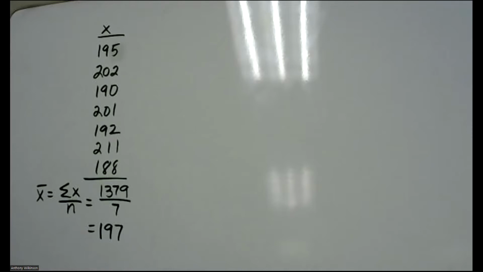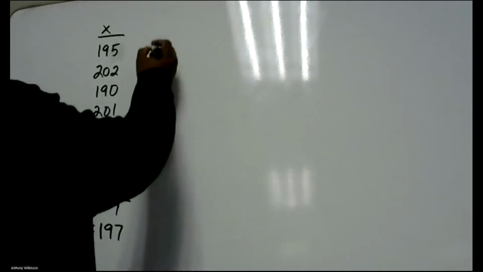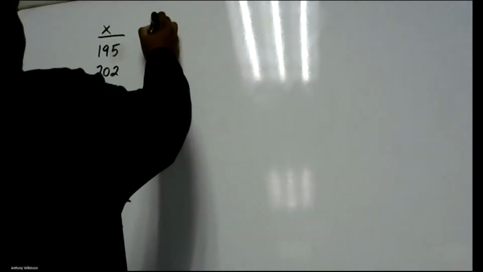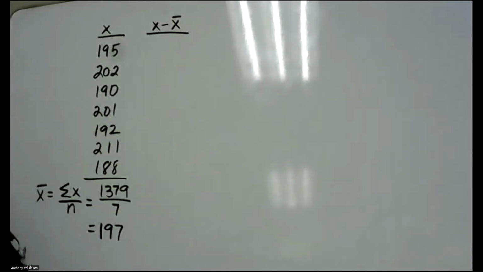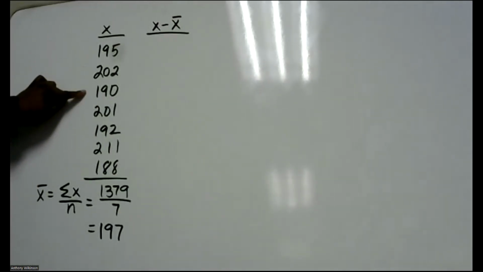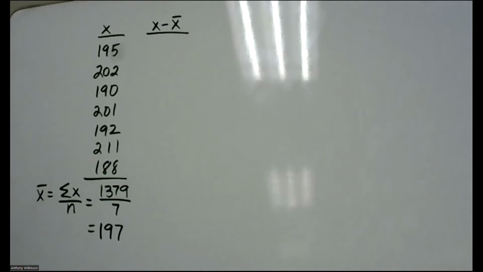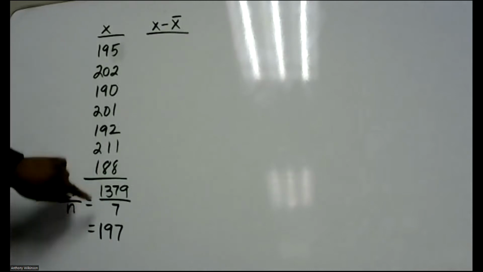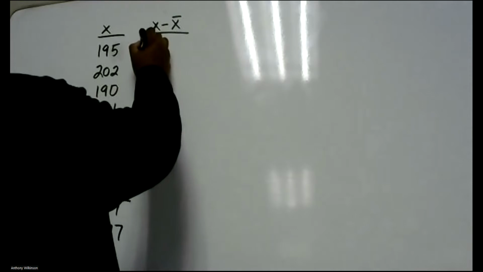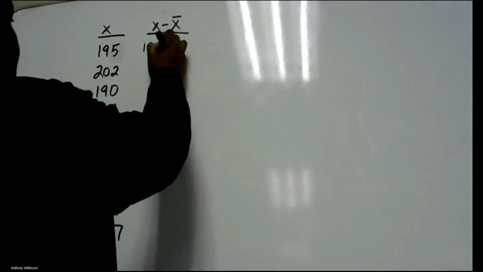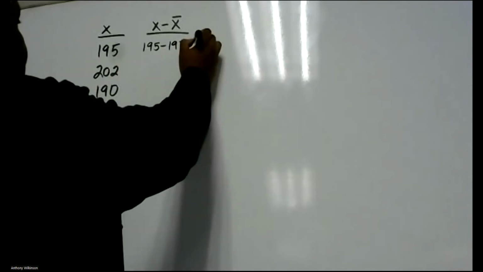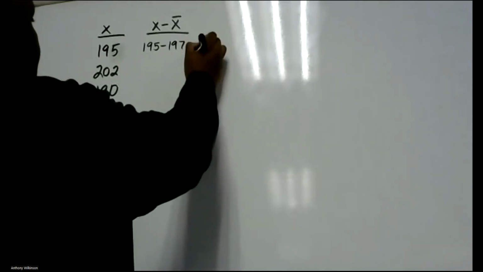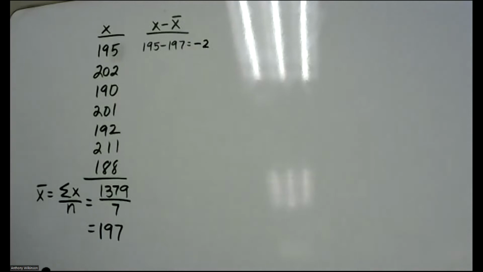Then I'm going to subtract the mean from each number. In this next column, I have x minus x bar. From each data value, we subtract 197. So 195 minus 197 equals -2.